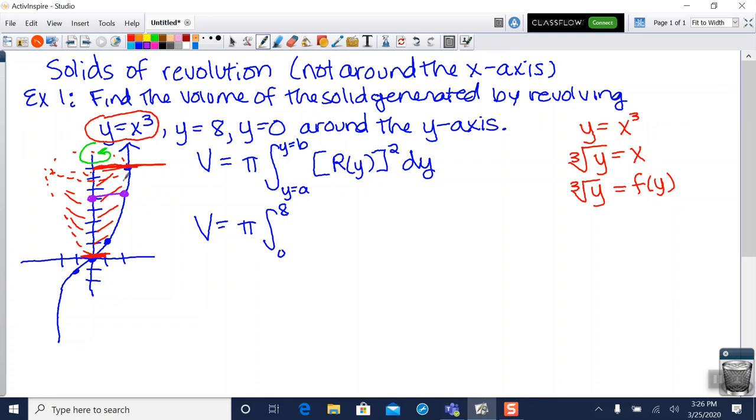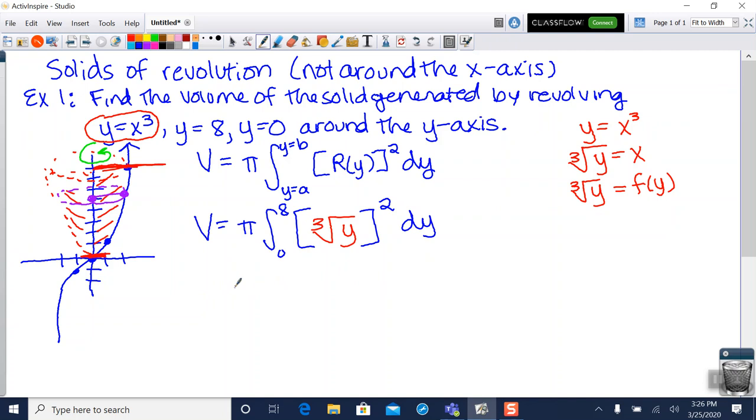It's a solid disk that's rotating around through here. Okay, so our function is just my f of y function. So I'm going to go ahead and fill that in here. So that's the cube root of y squared dy.